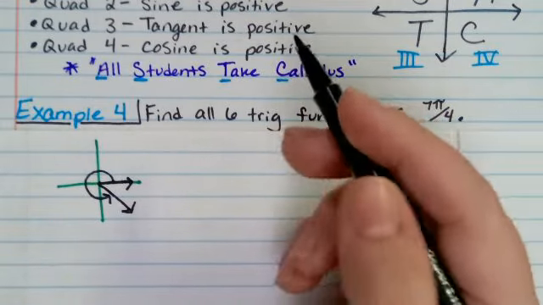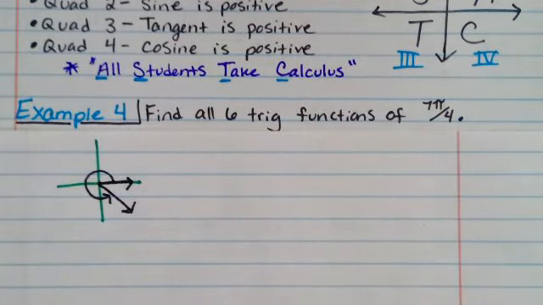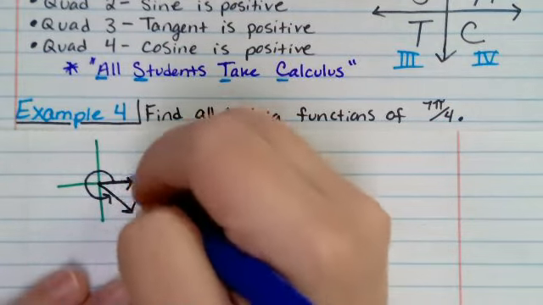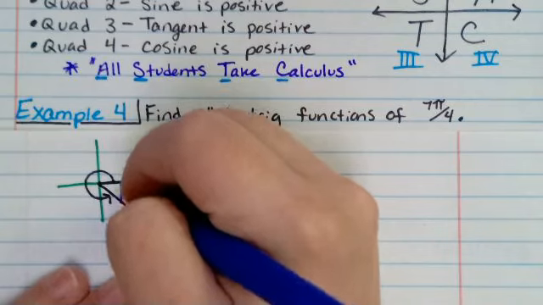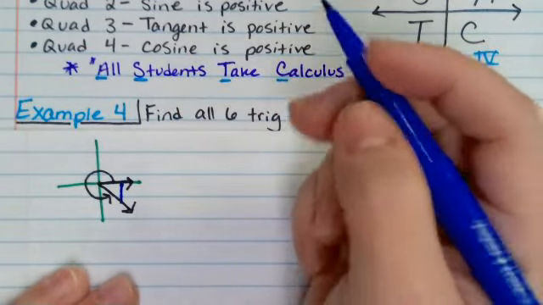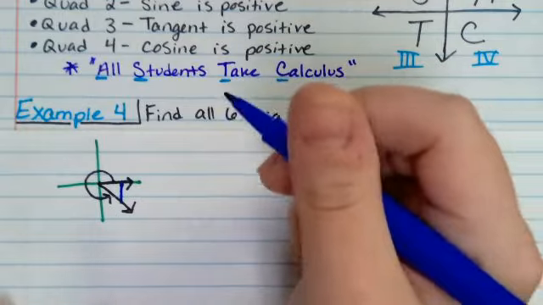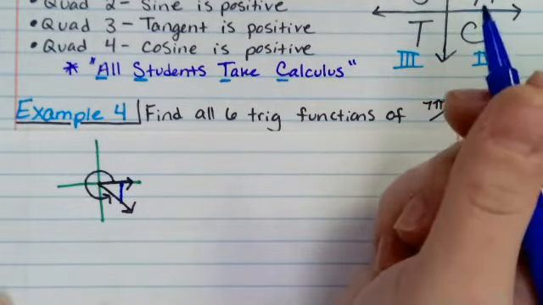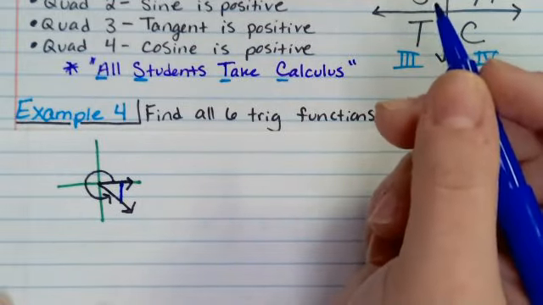Okay, but in order to find the 6 trig functions of this, we're actually going to use a little reference triangle. So what we'll do is drop an altitude straight to that x-axis, just like that. Okay.